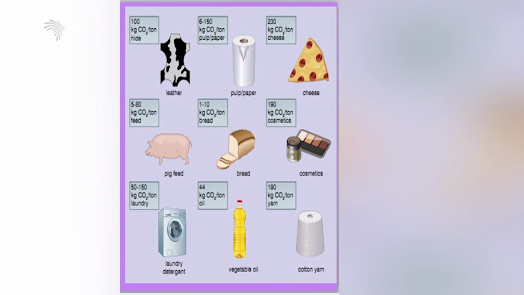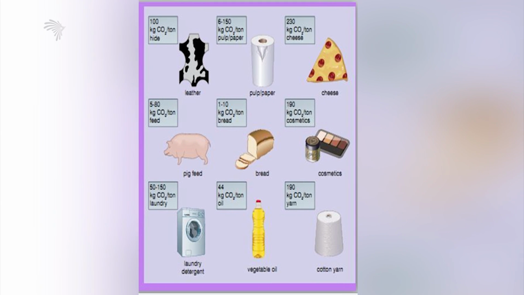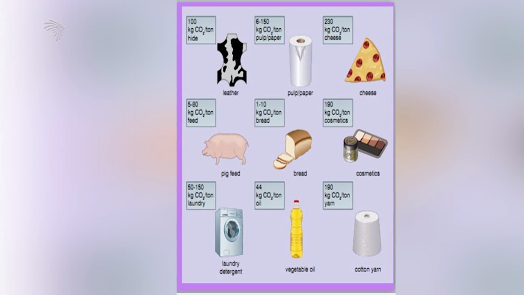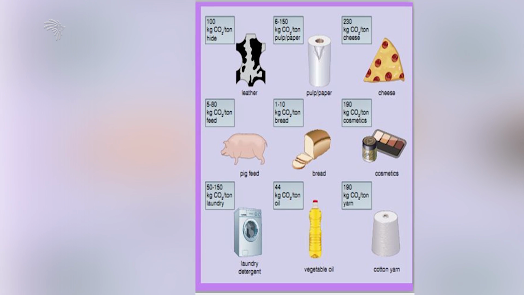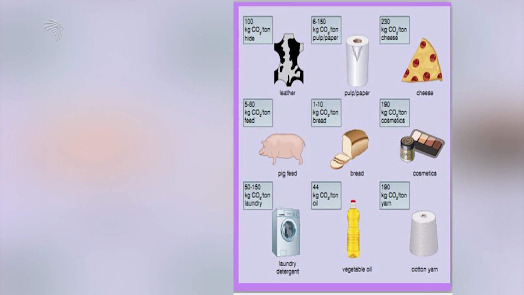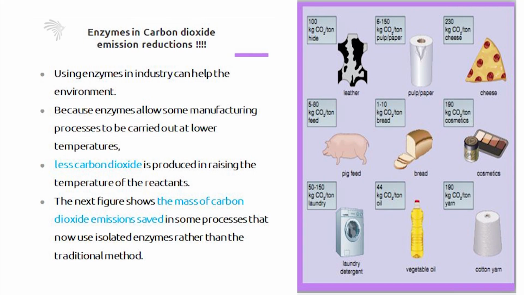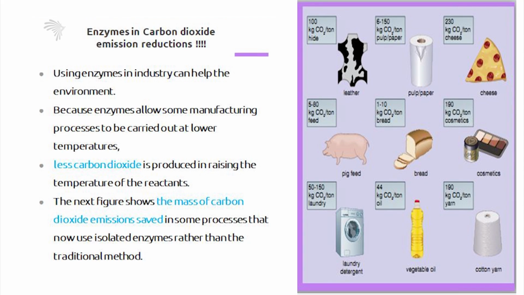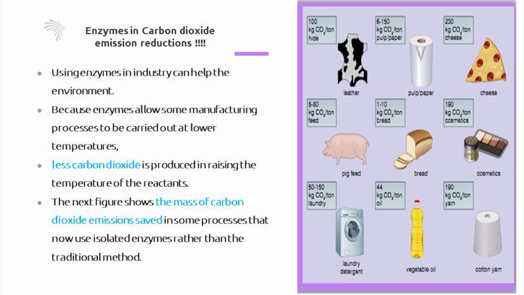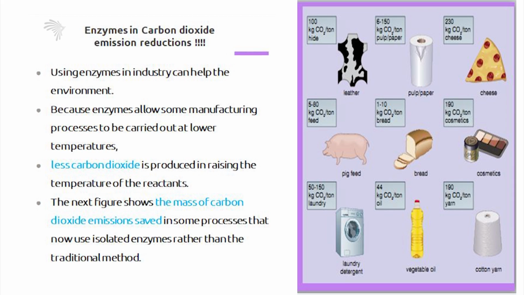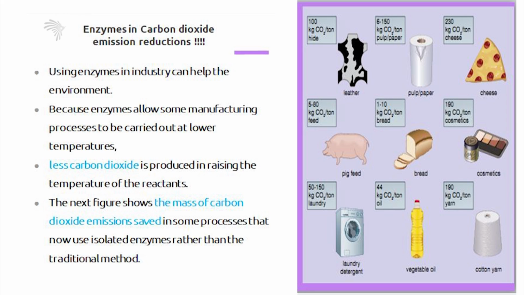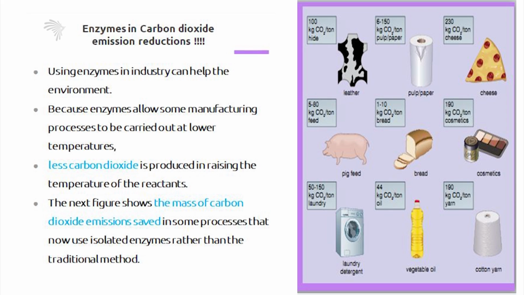All of these have a certain amount of carbon dioxide emitted per ton, or per 1000 kg, of process of leather or pulp or cheese, whatever. When these processes use enzymes, they reduce carbon emission to the atmosphere. This way, they reduce carbon dioxide in the atmosphere, so that they contribute to minimizing global warming.